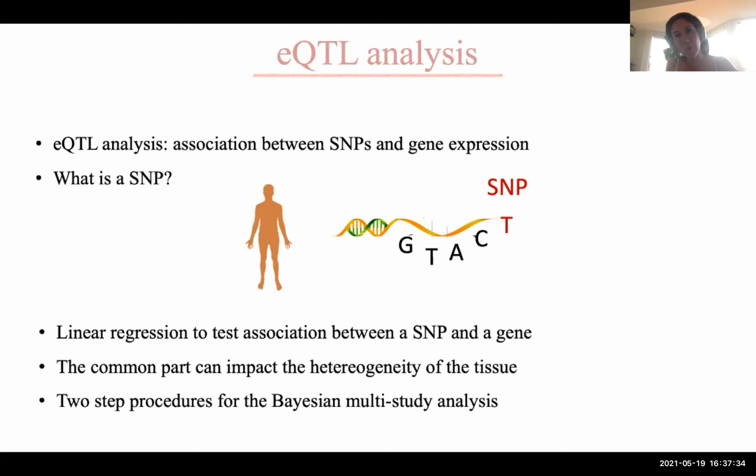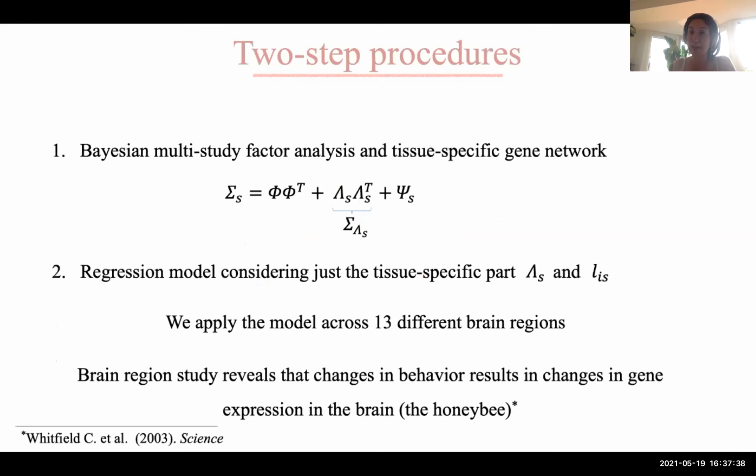And so again, we will perform this 2-step procedure for the Bayesian multi-study factor analysis. What I will show you here is, first, I will perform the Bayesian multi-study factor analysis, and I will show you this tissue-specific gene network. Right now, I'm no longer interested in the common component, but I want to remove this component to check and to improve the signal coming from this tissue heterogeneity.